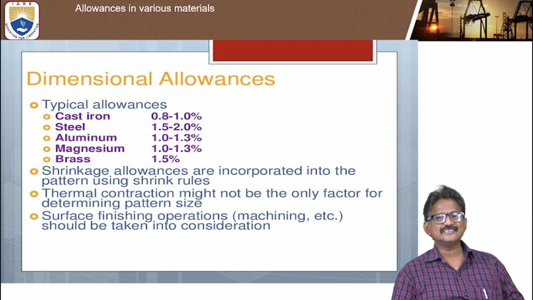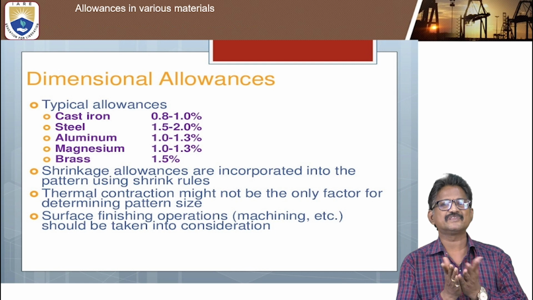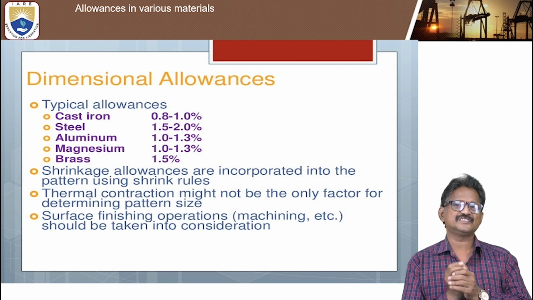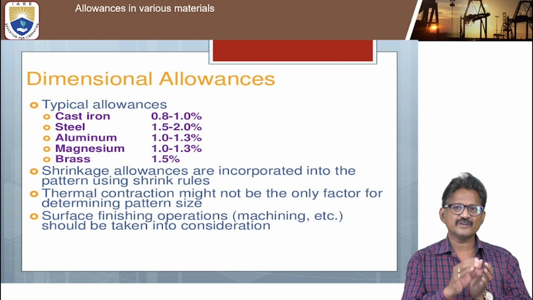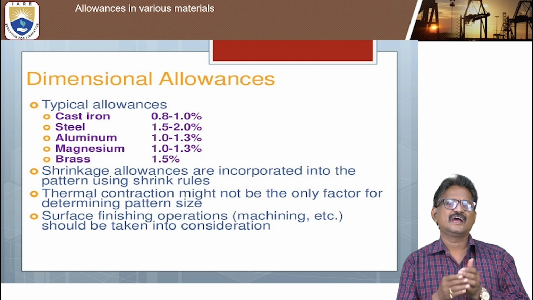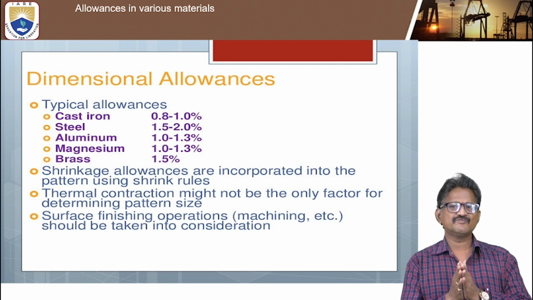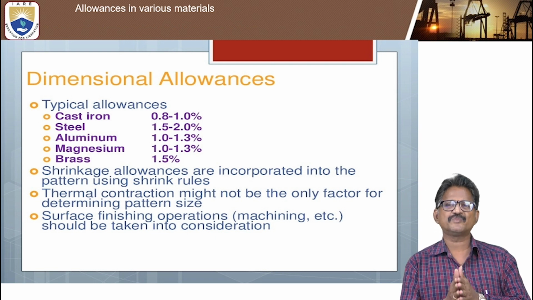So here you can see some of the typical allowances. For example, for cast iron the measurable range is 0.8 to 1%, steel may be 1.5 to 2%, aluminium 1 to 1.3%, magnesium 1 to 1.3%, and brass is 1.5%.